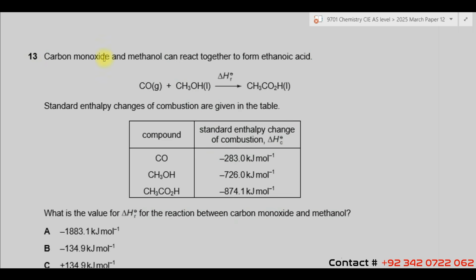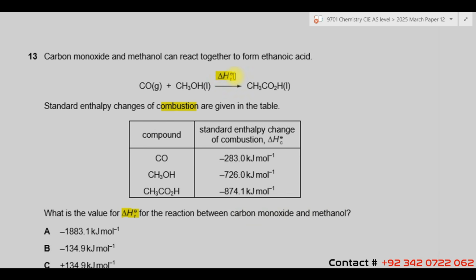Question 13. Carbon monoxide and methanol can react together to form ethanoic acid. The equation is given. Standard enthalpy changes of combustion are given in the table. We have combustion for carbon monoxide, combustion for methanol, combustion for ethanoic acid, and each is for 1 mole. What is the value of the enthalpy change of reaction for the reaction between carbon monoxide and methanol?